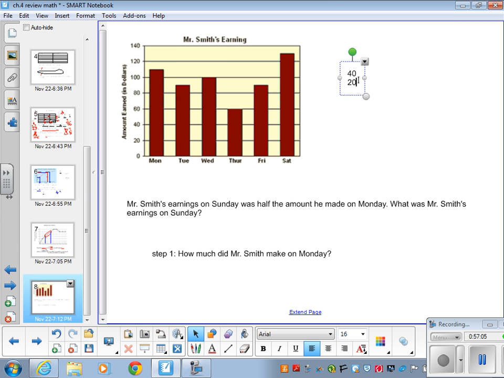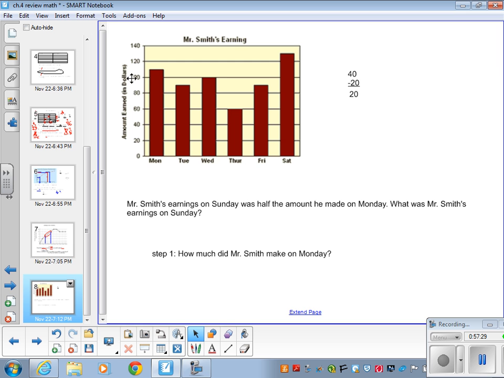I have to subtract these two numbers to see. Okay, when I subtract 20 from 40, 0 minus 0 is 0, 4 minus 2 is 2. So the interval, it goes up by 20.